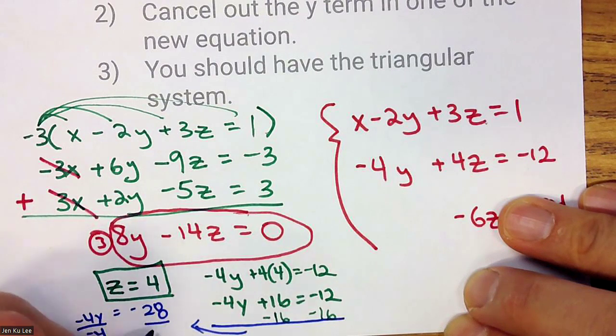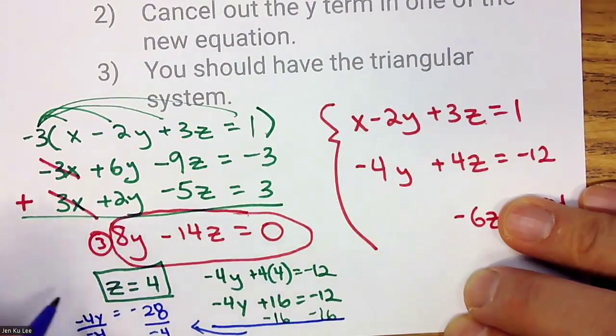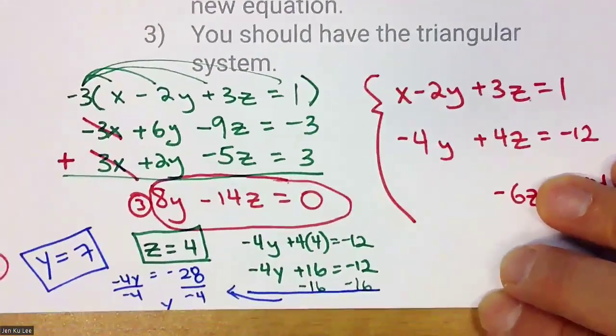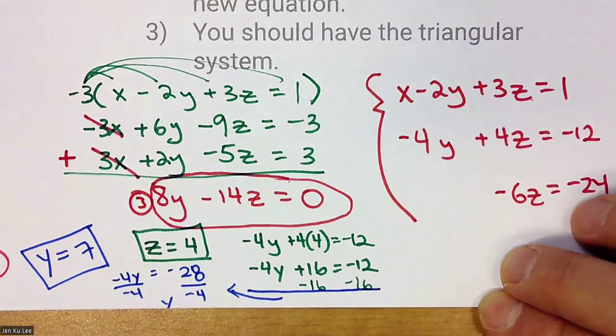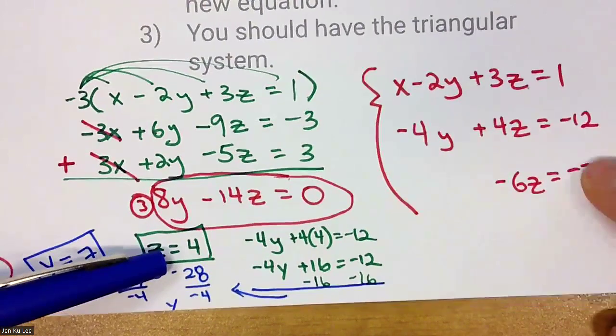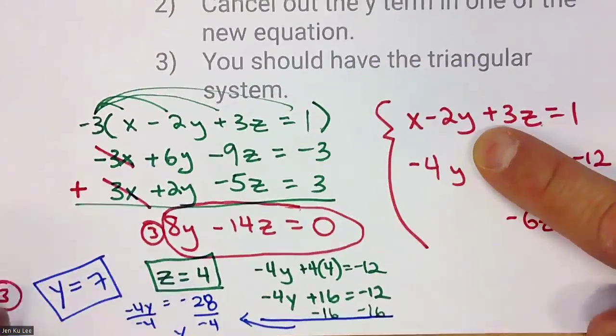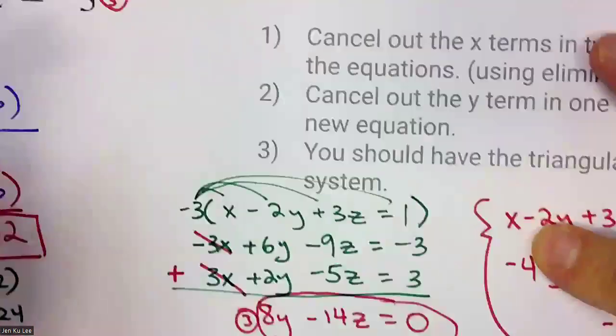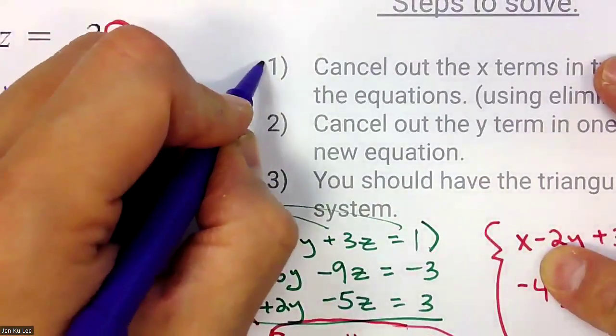Divide by negative 4, divide by negative 4. Y then equals positive 7. Right? So now with y and z, I'm going to plug it into my first equation to solve for x. All right, and I'm running out of room, but I'm going to put it right here.